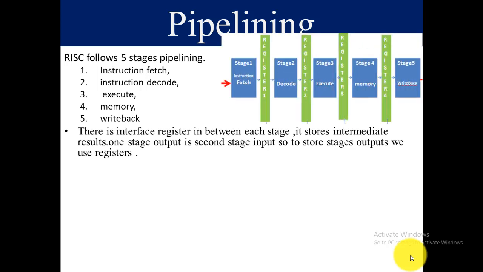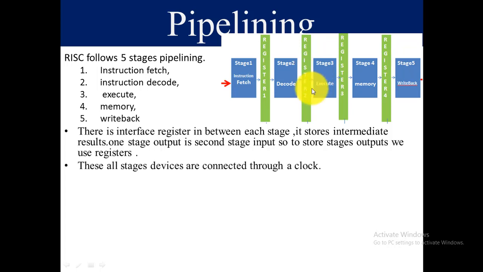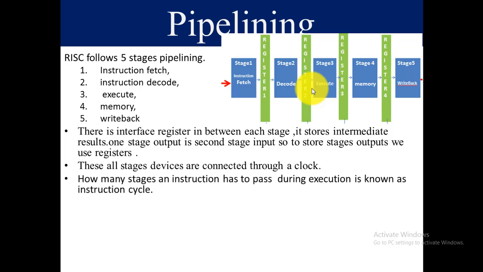There is an interface register in between each stage. It stores intermediate results. One stage's output is the next stage's input. So to store a stage's output, we use registers, right? All these stage devices are connected through a clock.